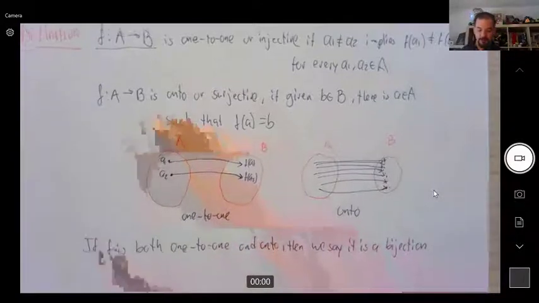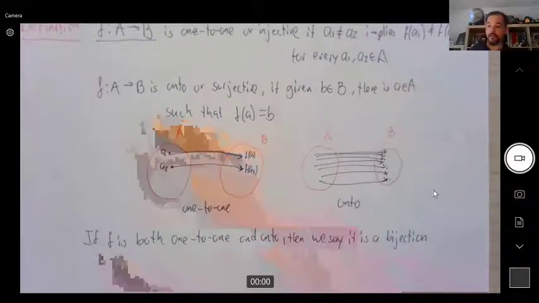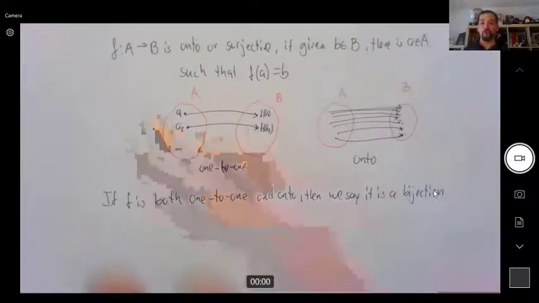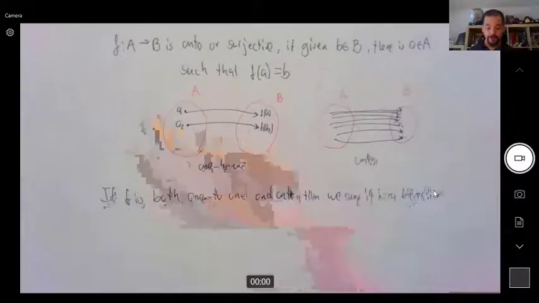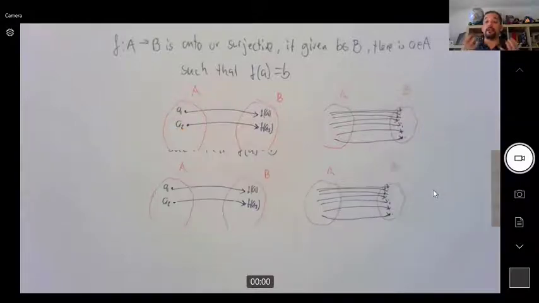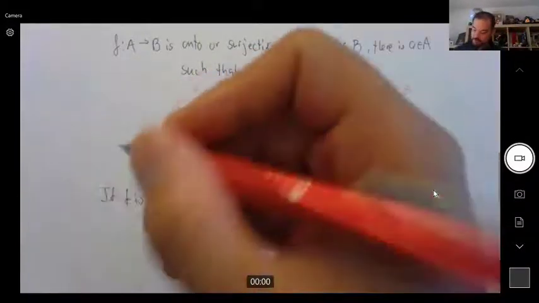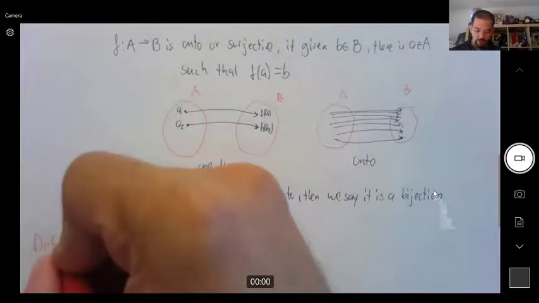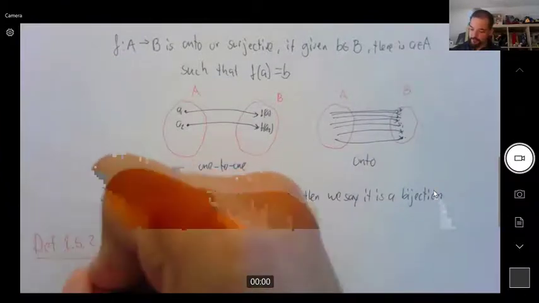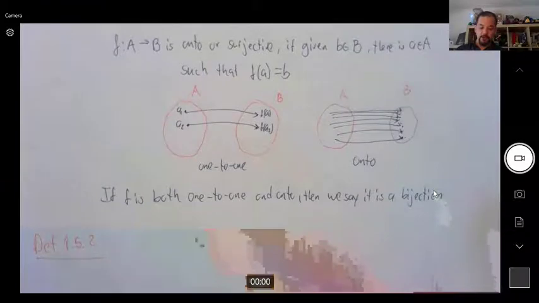And then, as I was telling you, to establish when two sets have the same cardinality, think of cardinality as how many elements they have. But again, we're talking about the possibility of having infinite sets. All right. So here's our definition. Definition 1.5.2. I think the previous one was 1.5.1.